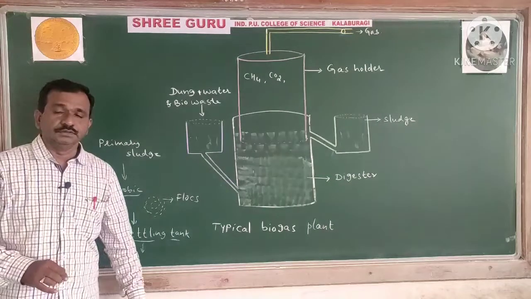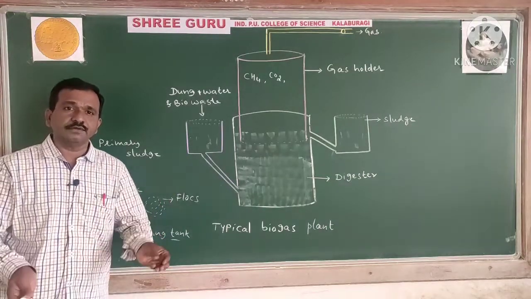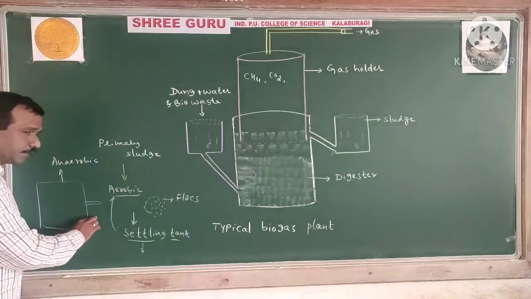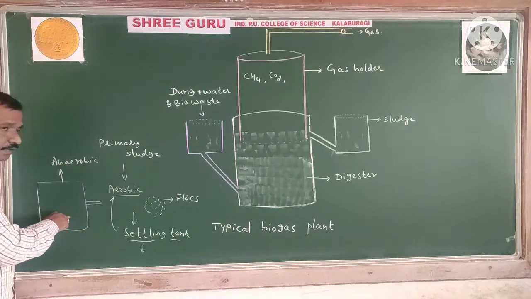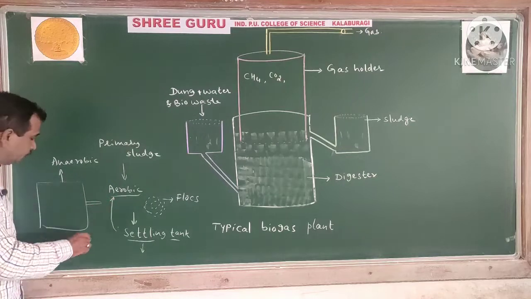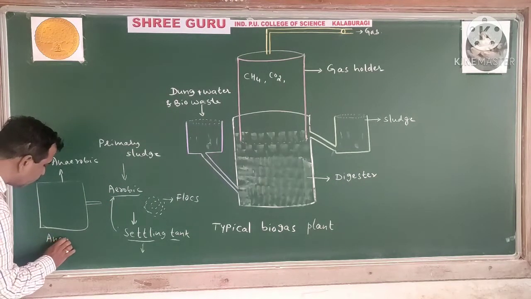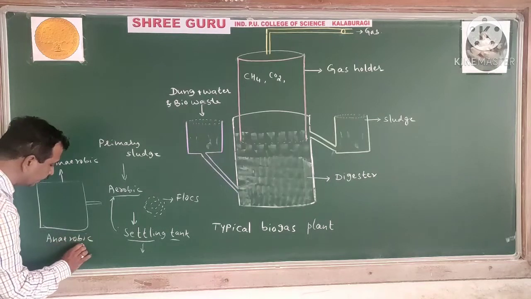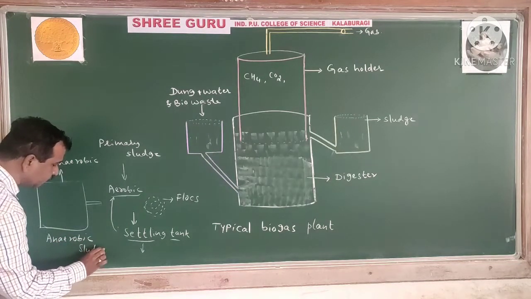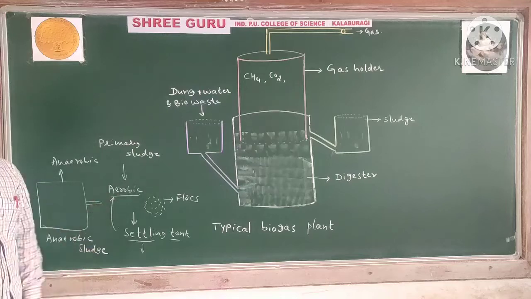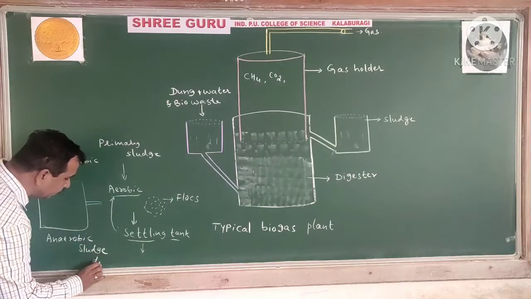Here these anaerobic bacteria start consuming the aerobic bacteria. That is why this is also considered as an anaerobic sludge digester. Sludge means solid substance, anaerobic sludge digester.